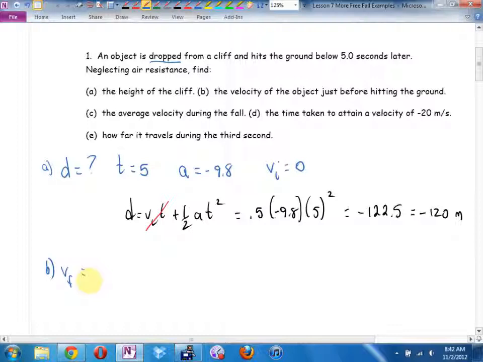I think there's an equation that has the VF by itself already. I think you get an answer just below 50.